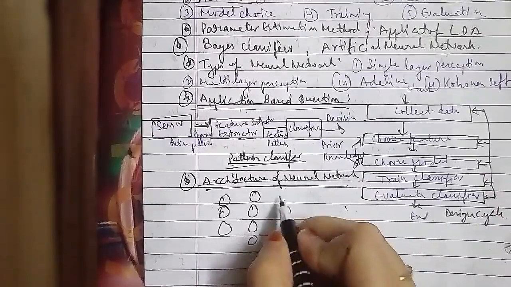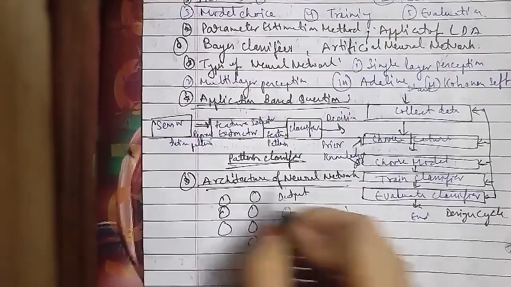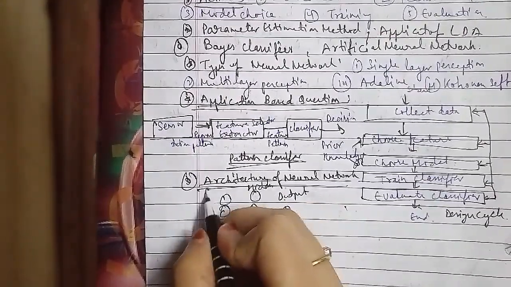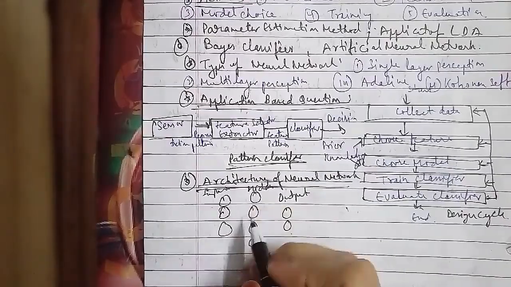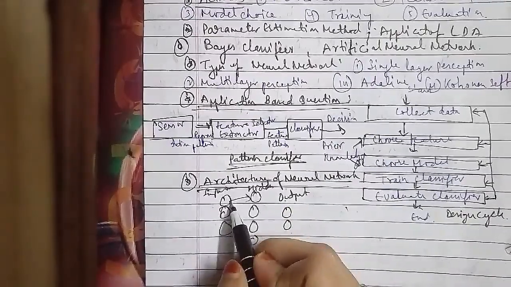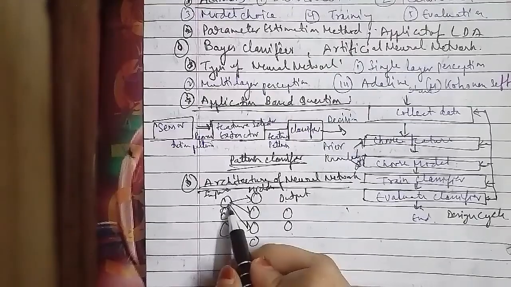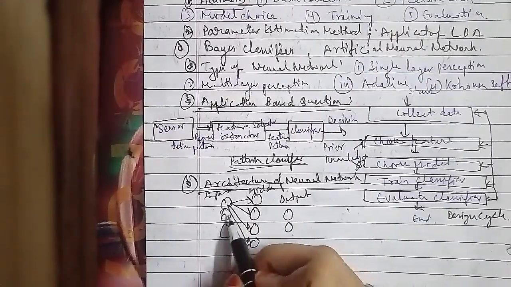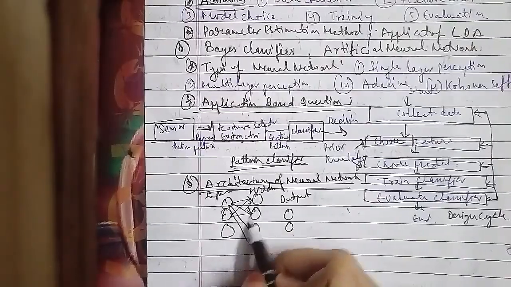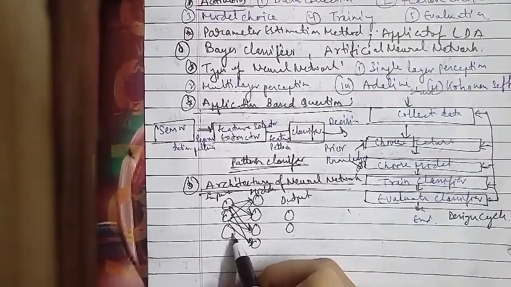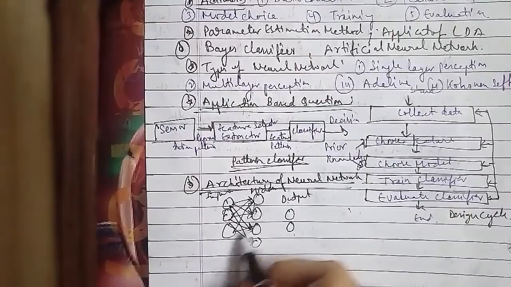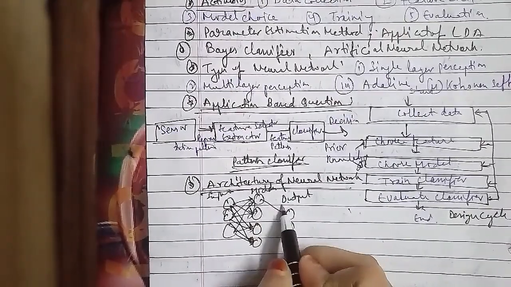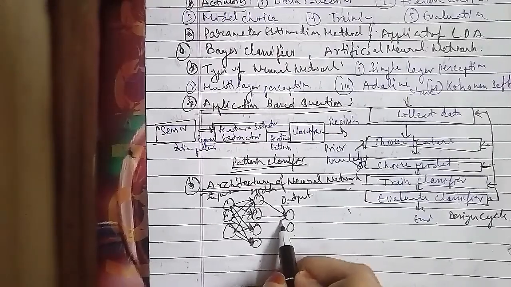Here this is connected with this, and of course with this. This is communicated with each and everything, and this is also connected with each and everything. This is the output. So this is a sort of neural network.